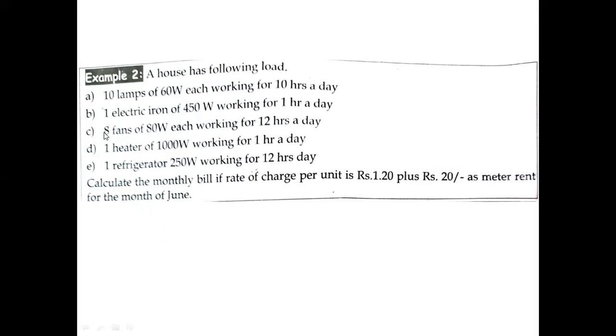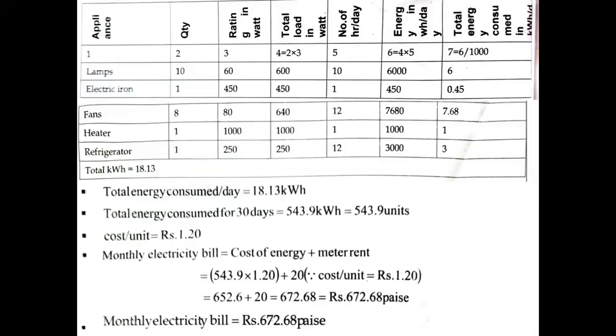Similarly, fans, 8 fans into 80, 640 is the load. And 12 hours a day, 640 into 12 gives you the watt hour. By 1000 gives you the total energy consumed in kilowatt hour.